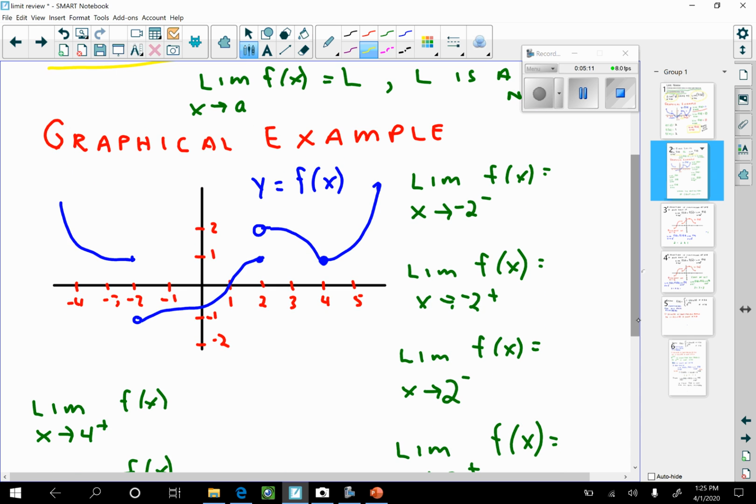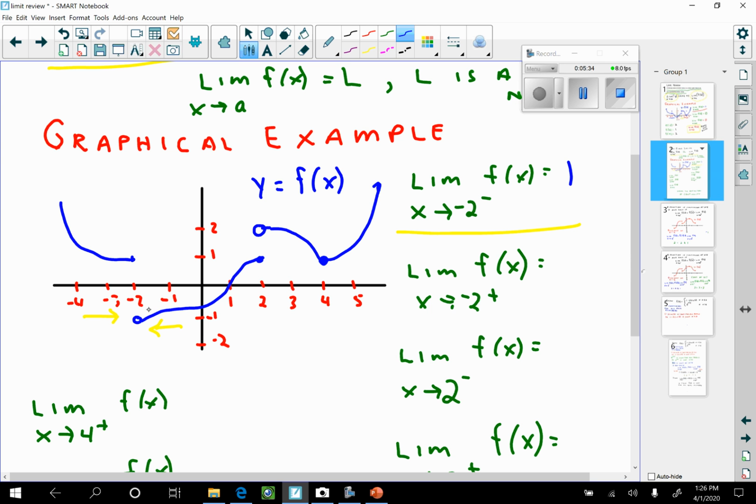And I can see here, I'll do some examples here, as x approaches -2 from the left. As I approach -2 from the left here, where do my function values go? Well, my function values then are going to go to 1, okay? As I approach -2 from the right, this dude right here, where does f of x approach?